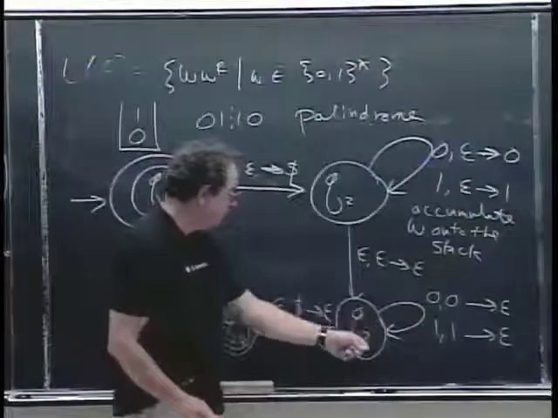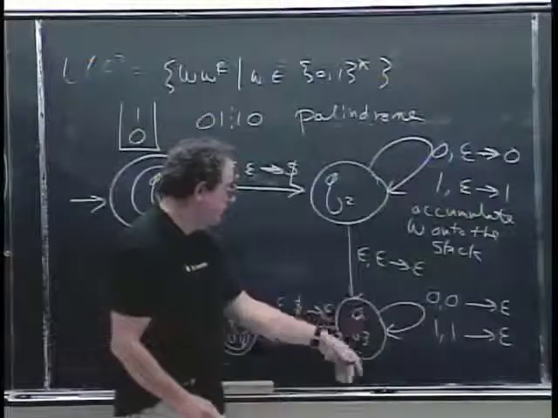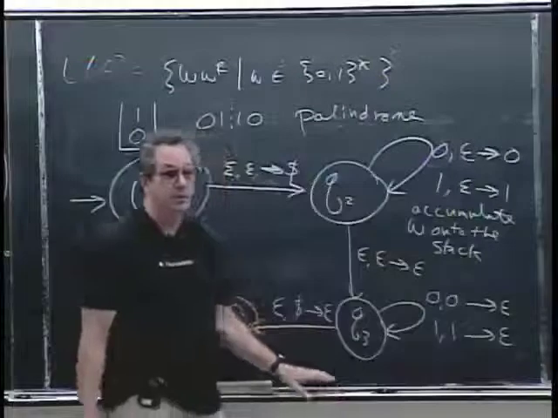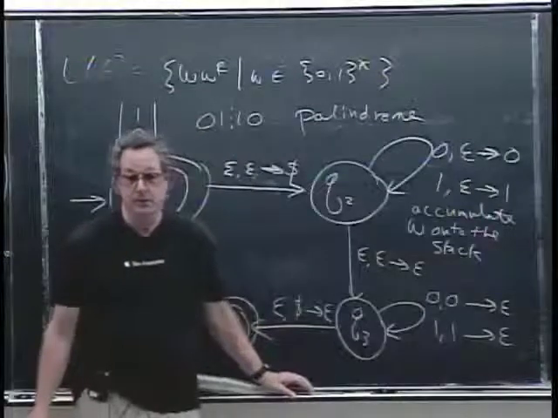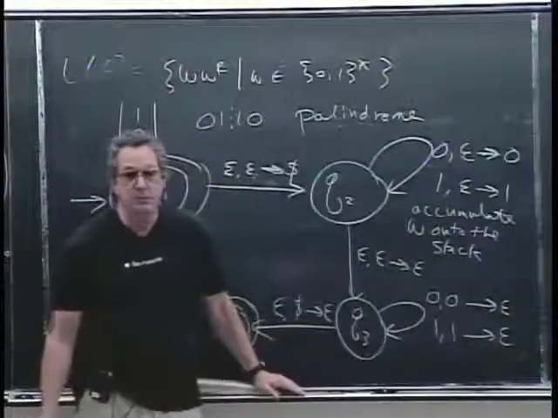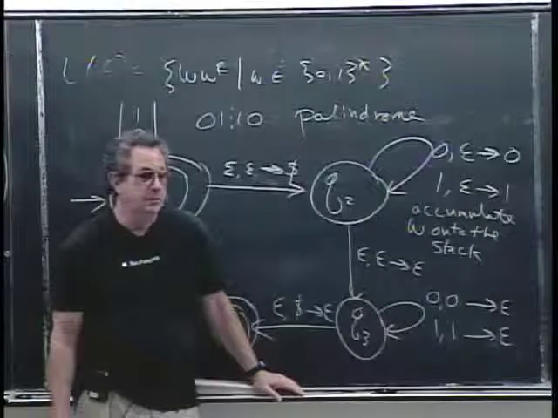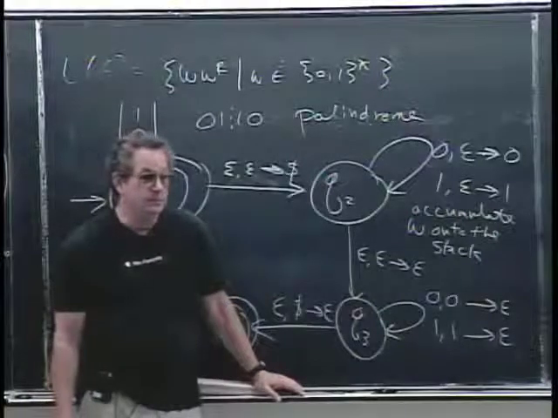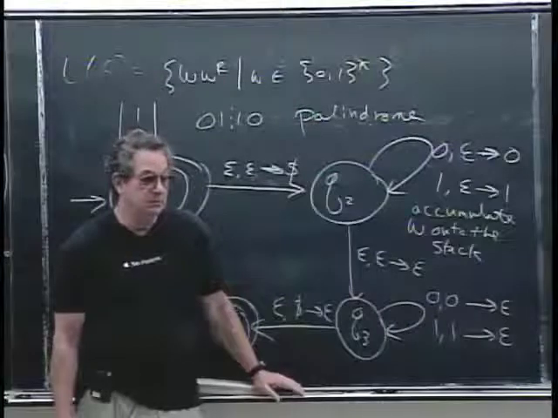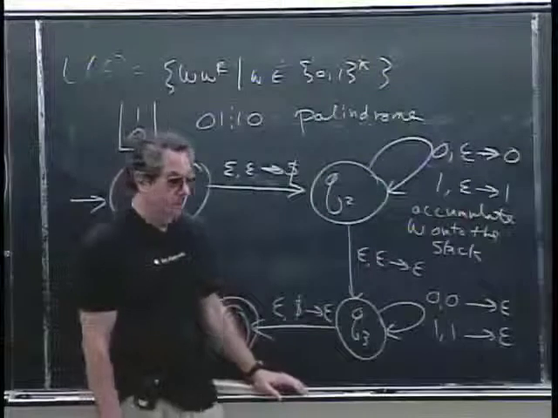So what happens if you read a symbol on the tape, let's say a 0, and what's on the top of the stack is a 1? That computation dies off. Yes. There's probably still some going on. Or there might be. Well, yeah. Maybe one of those ones. Right.